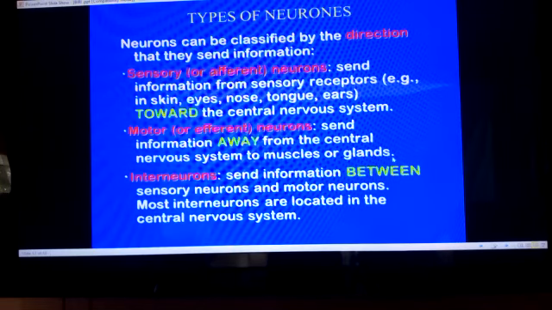Then the last one is the interneuron. Sometimes it's referred to as the relay neuron, sometimes called the associative neuron, and its main function is to send information between sensory neurons and motor neurons. As the word goes, it relays. And most of them are located in the central nervous system.